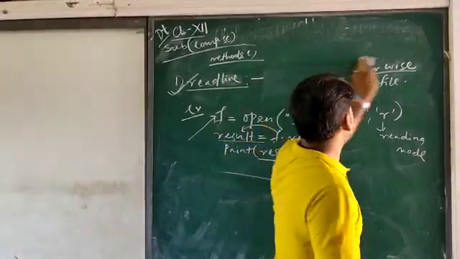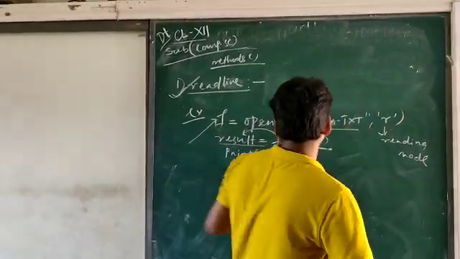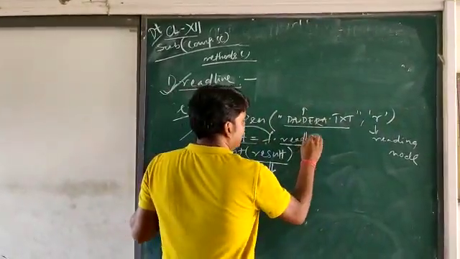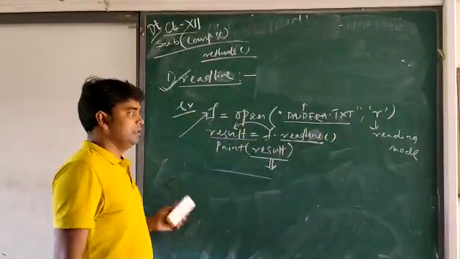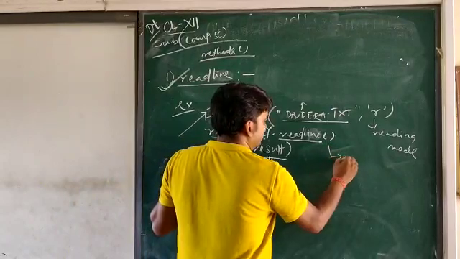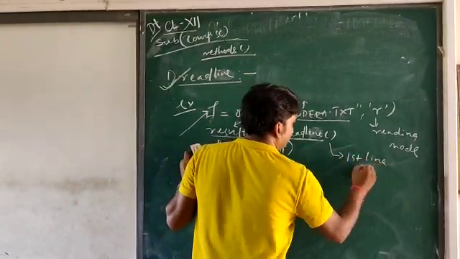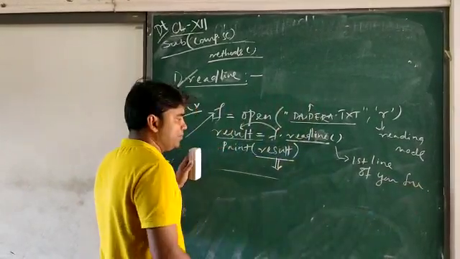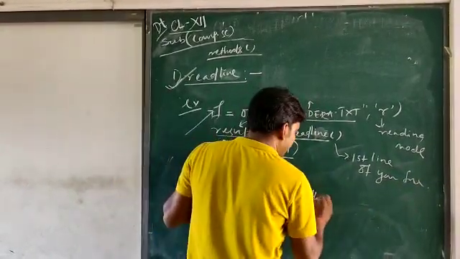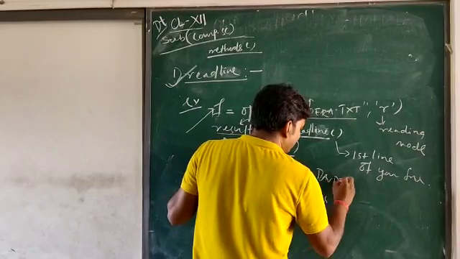In the readline function, what is it going to do? You only change this code to f.readline. It will extract only the first line of your file. We have 2 lines in the file dvdera.txt.